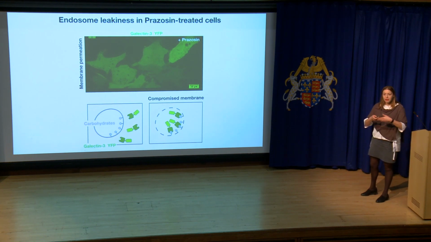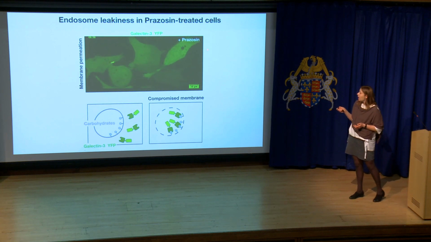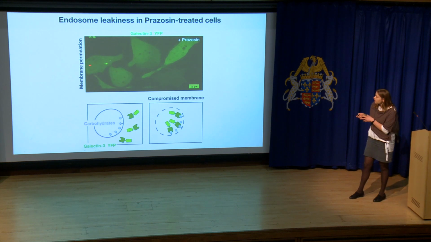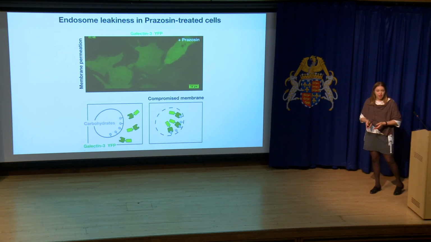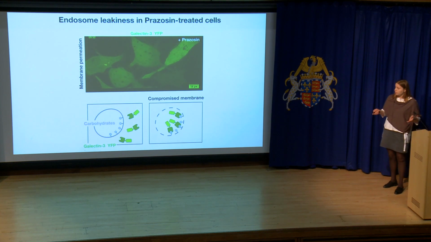We are looking at whether these drugs are indeed making endosomes leaky. We treat the cells with prazosin, and you can see that in all the cells, over time, we see the appearance of these damaged vesicles that light up in green. This confirms that our drugs indeed promote leakiness of the compartments.